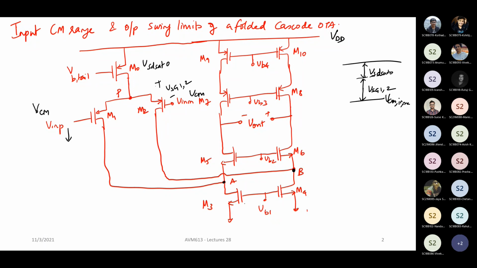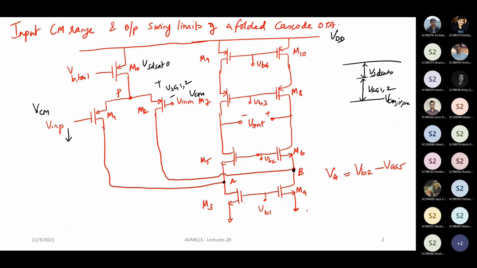Now, what is VA here? VA can be written as VB2 minus VGS of 5. This node voltage minus the VGS of 5 is your VA or VB, right?